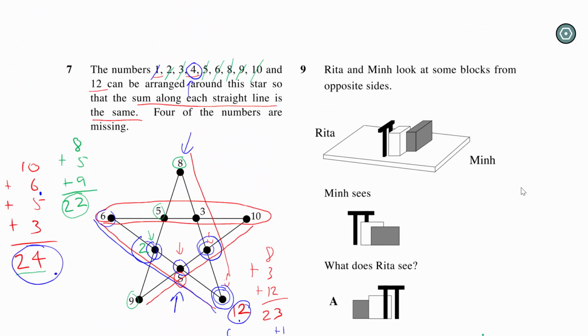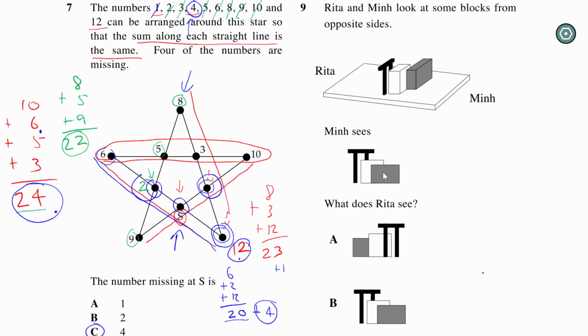Question 9. Rita and Min look at some blocks from opposite sides. Min sees the dark rectangle, the white square, and the black sticks that are at the back. What does Rita see?